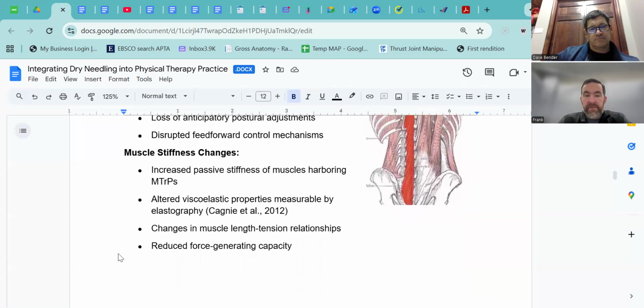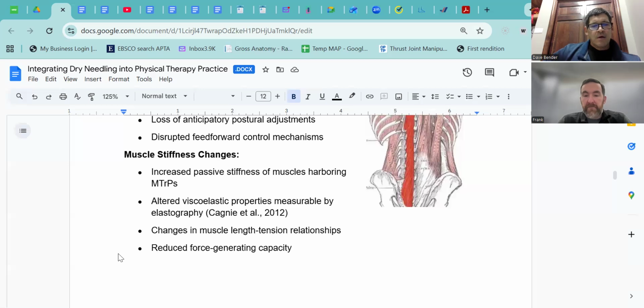So the superficial system is being asked to do a whole bunch to stabilize. It's stiff all over, but at the same time it's unable to generate as much force as needed, which sets the person up for failure if they're asked to do a task at work, like lifting a big box, or in a sport-related movement.